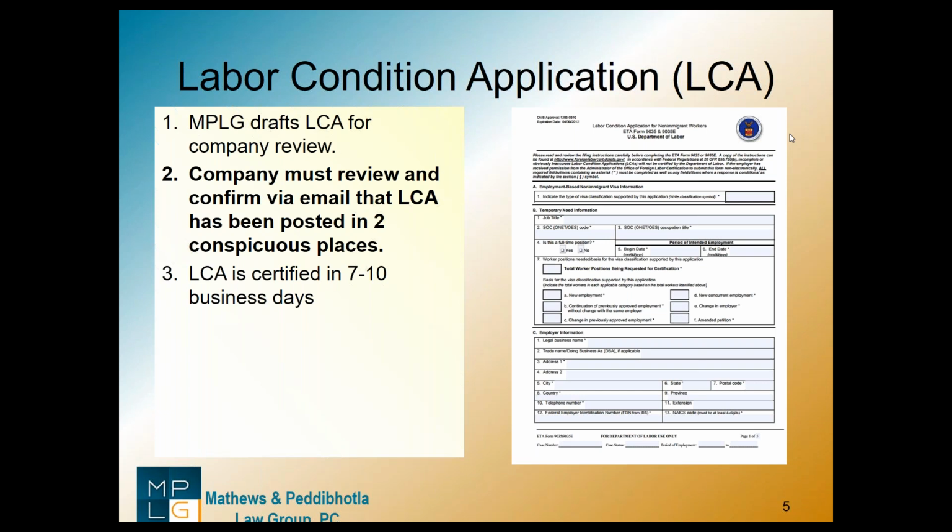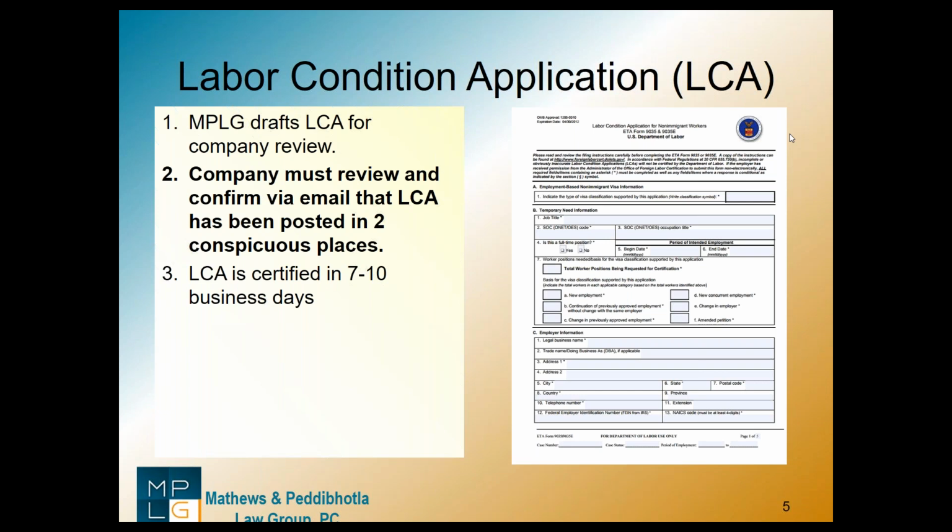What you're looking for in the LCA is you want to make sure the job title looks right, the SOC code looks right. You'll see that the begin date will be 6 months out from when we actually file. So for CAP cases, as most of you know, the start date is usually October 1st, but we can't get the LCAs today, for example, to October 1st because that's more than 6 months out from today.